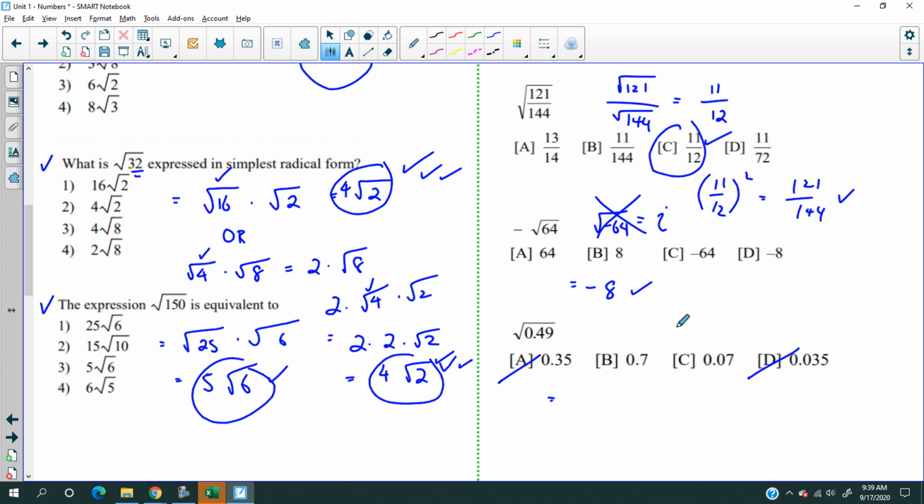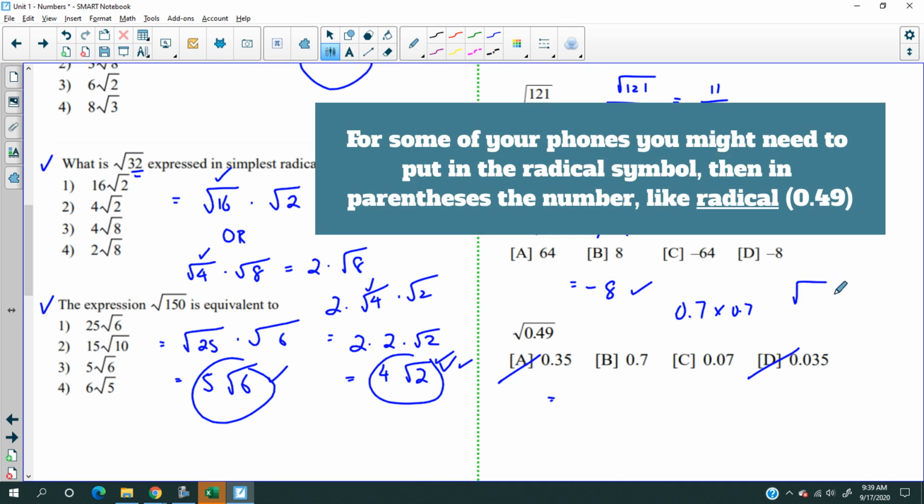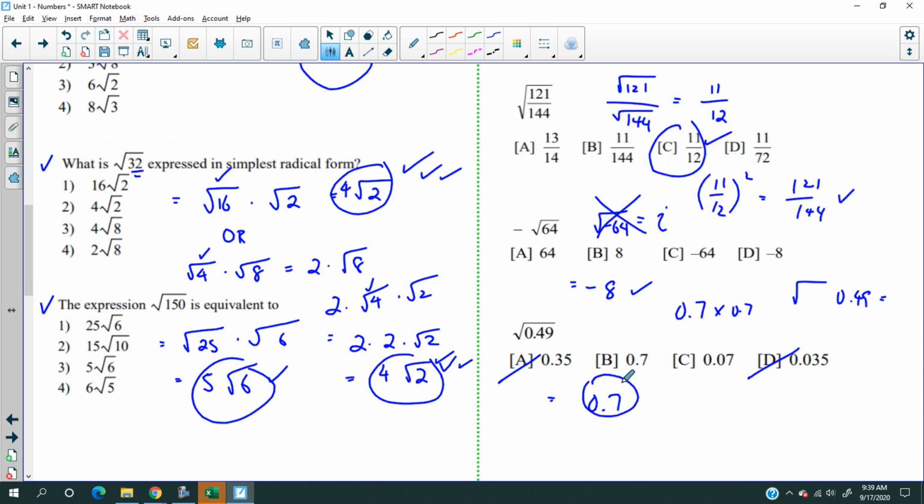So here's the thing, right? What times what? By the way, if you want to use a calculator, you can do 0.7 times 0.7, or even rather, you can put this into your calculator, right? You can put this in there and it'll give you an answer, and that's 0.7. Now, you might say, hey, Mr. Ng, how is it possible that 0.7 times 0.7 will give you a number that's smaller?